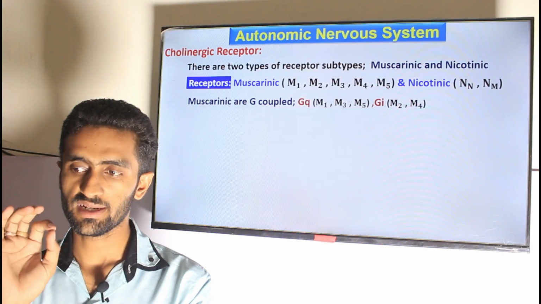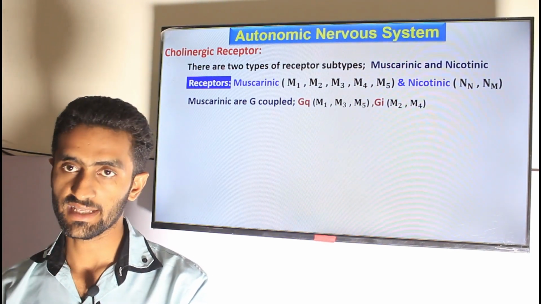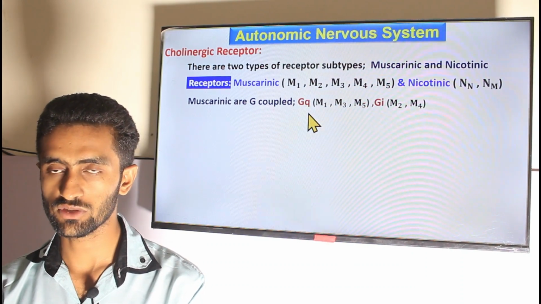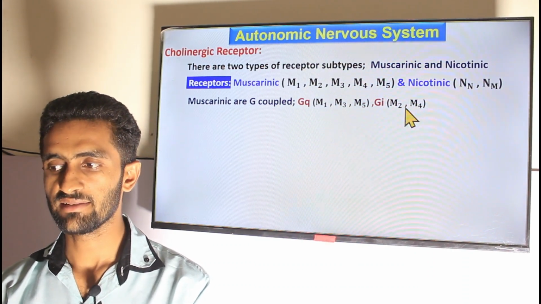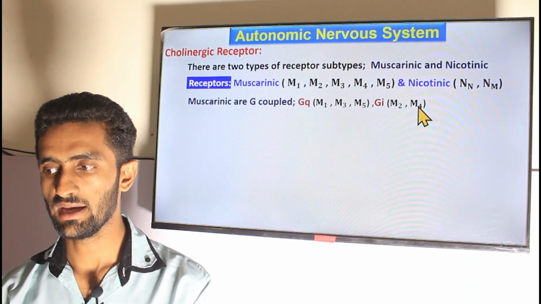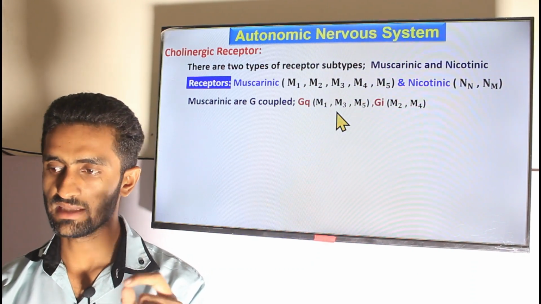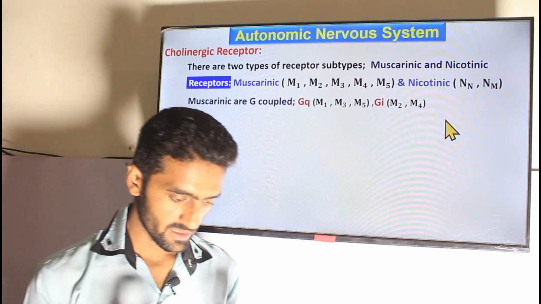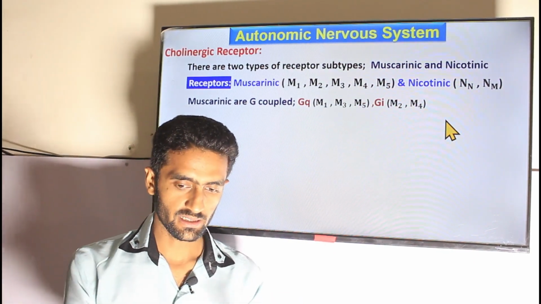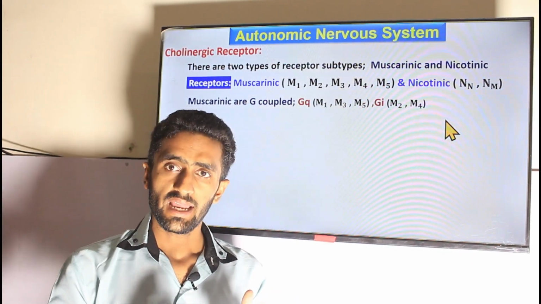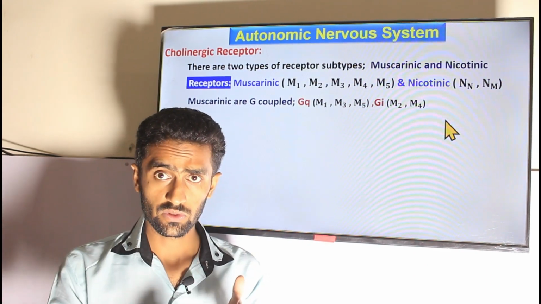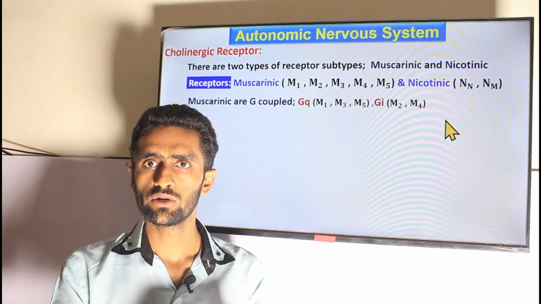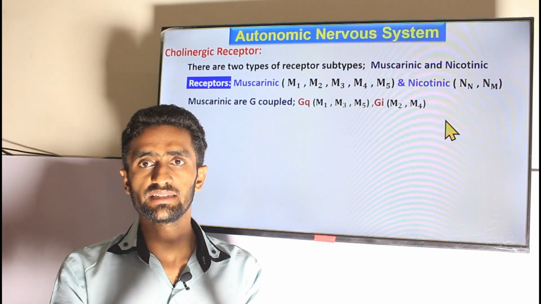So the important thing is that the muscarinic receptors are G-protein coupled, meaning they are associated with the Gq system, while the Gi is associated with M2 and M4. M1, 3, 5 are Gq. So just remember throughout pharmacology, M2, alpha 2, D2, mu, they are always associated with the inhibitory Gi system.